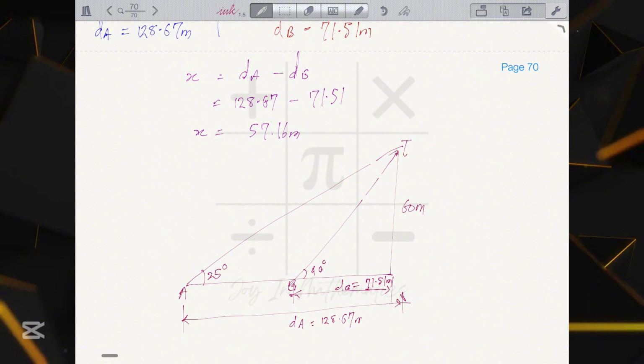The question asks us to evaluate the distance between the two boats, that is point X, and we found X to be equal to 57.16 meters. And remember, we dealt with angle of depression in the question.